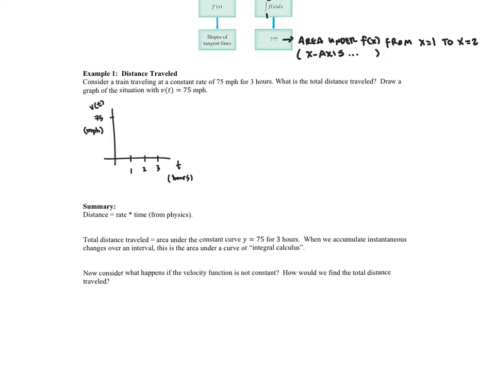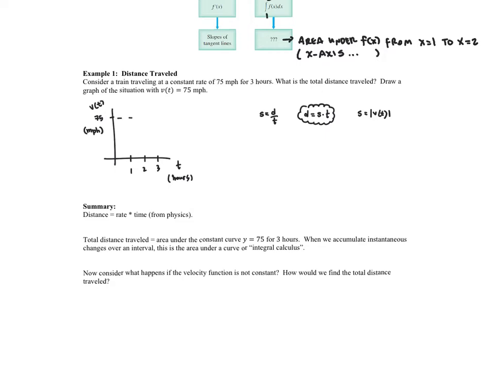In physics, speed equals distance divided by time, and distance equals speed times time. Recall that speed is the absolute value of velocity, and here we're assuming the train is traveling one direction for the entire time. So how could I find the distance traveled by the train?